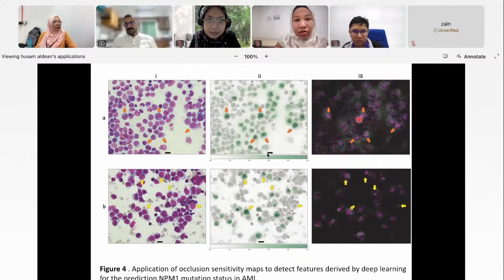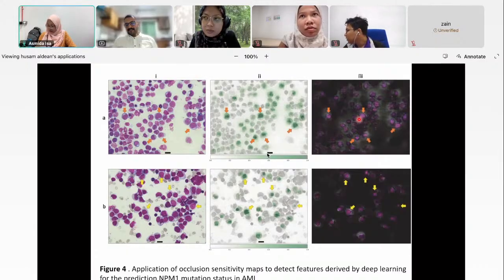But I thought your question was different, right? It said that hematologists can differentiate NPM1 mutation. But you mean by naked eyes? Yes, by naked eye. Are you sure of them? Yes, doctor, because how can we confirm this diagnosis by the model if the hematologists don't know about these features?